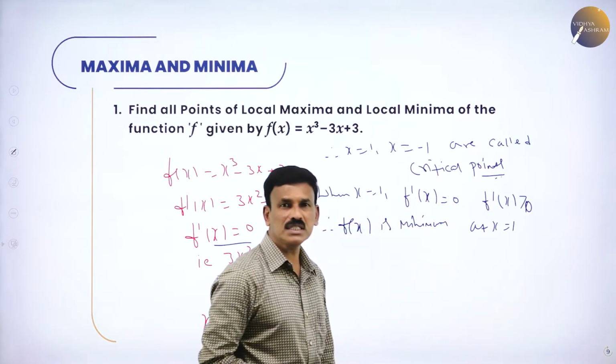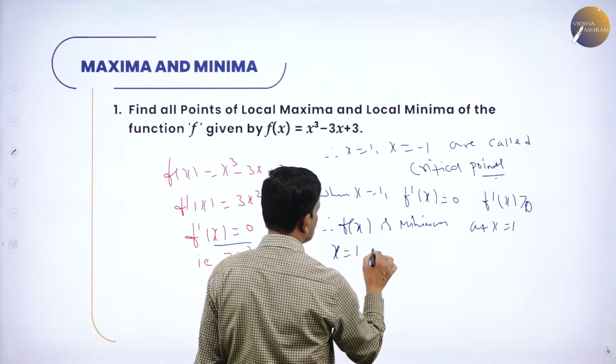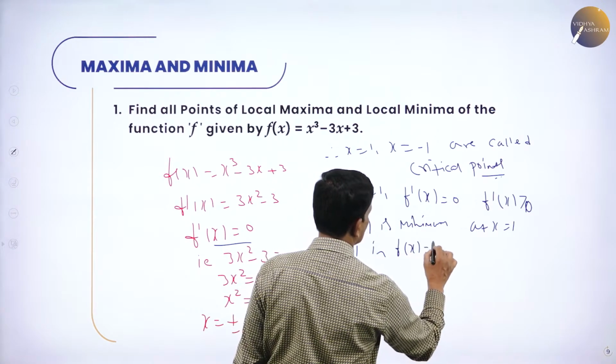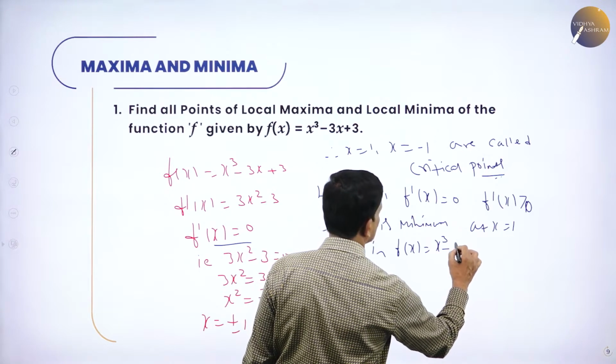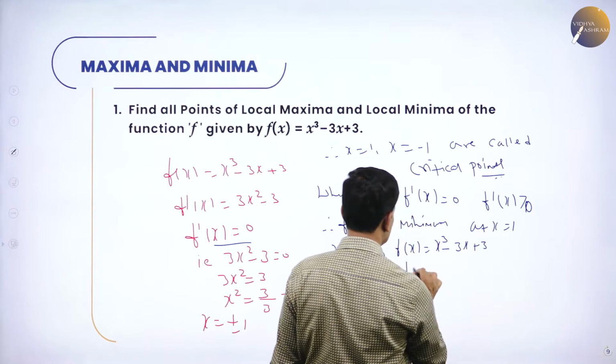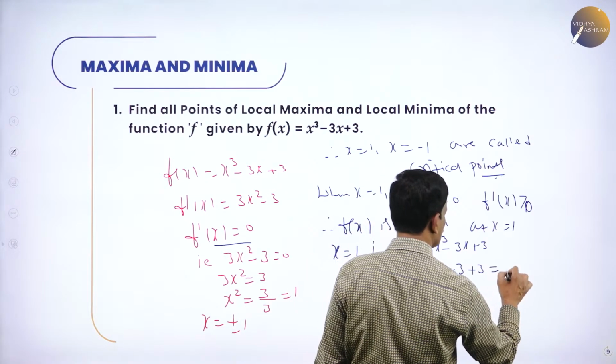So therefore the function is minimum at x is equal to 1 by first derivative test. Now put x is equal to 1 in the given function f of x is equal to x cube minus 3x plus 3. If you put x is equal to 1, then f of 1 is equal to 1 minus 3 plus 3, that's equal to 1.